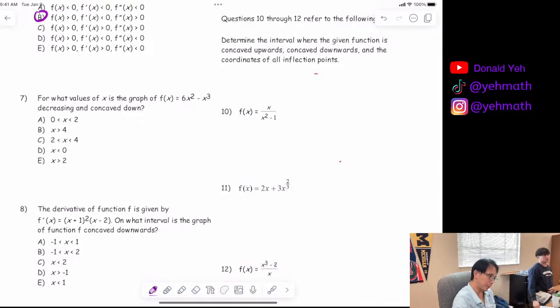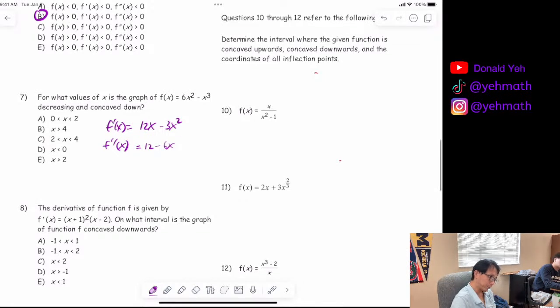So I'm going to show you how to do that. f prime of x is equal to 12x minus 3x squared. F double prime of x is equal to 12 minus 6x, right? I'm going to set it equal to 0. x is equal to what? 2, I believe. And f prime is zero at x equal to 0 and 4.